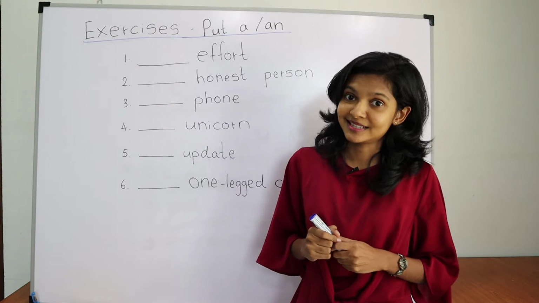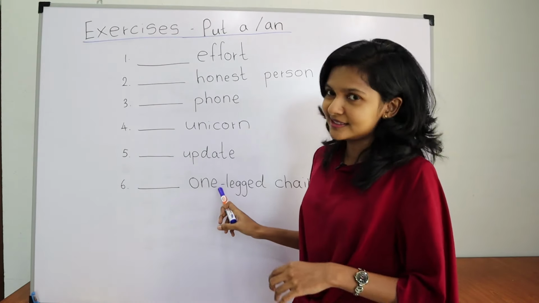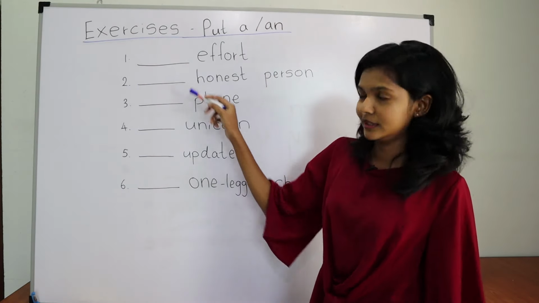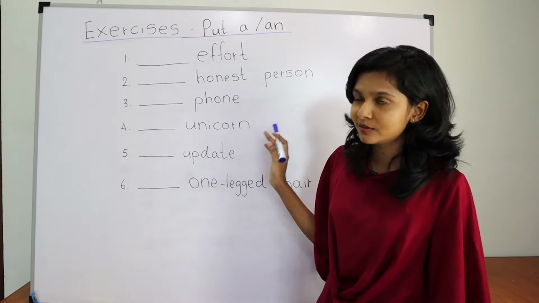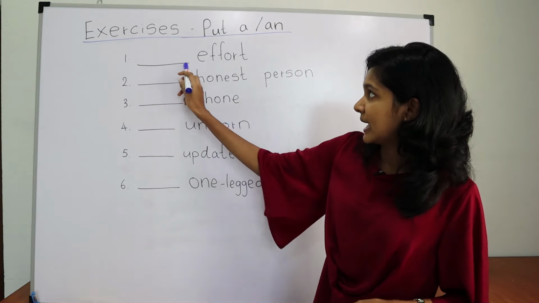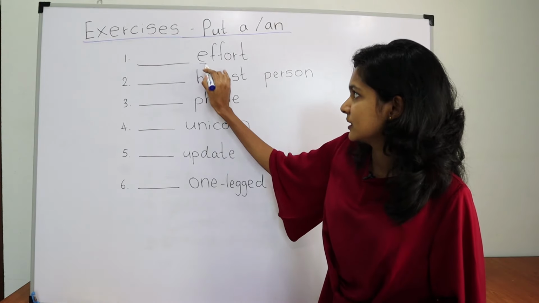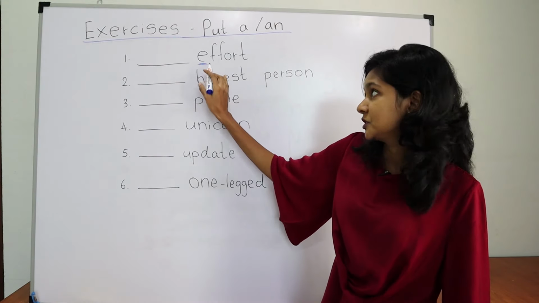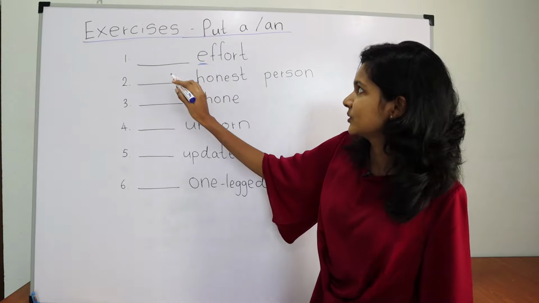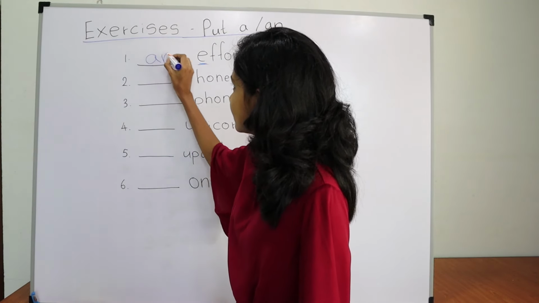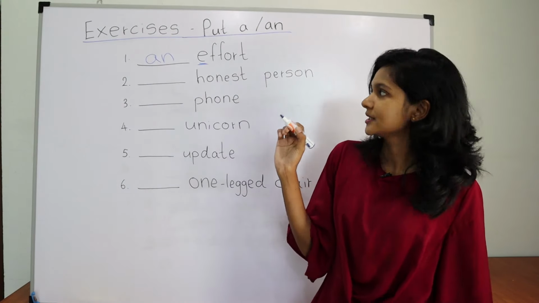Okay, now it's exercise time. That's a simple exercise. You have to put a or an in these blanks. Let's see what are the answers. Number 1, blank effort. The word starts with E, which means a vowel, so we have to write an effort.